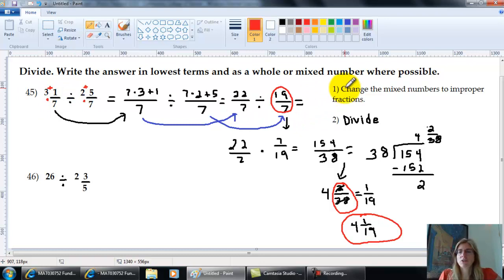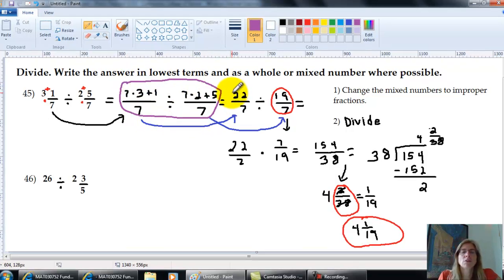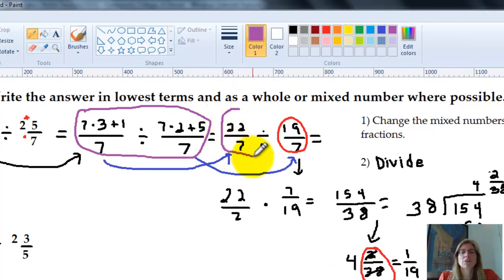So we had to change the mixed numbers to improper fractions, and that's what we did here. Changed our mixed numbers using that process, gave us our improper fractions, and then we had to follow directions for division, which is multiply by the reciprocal.